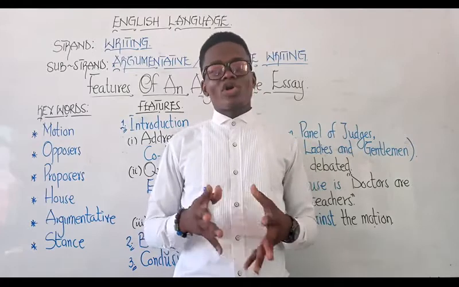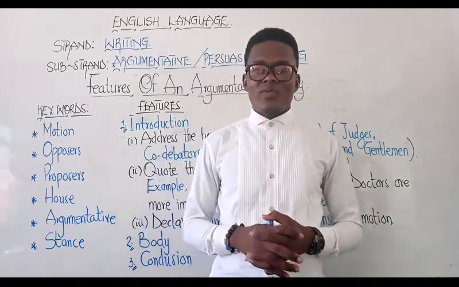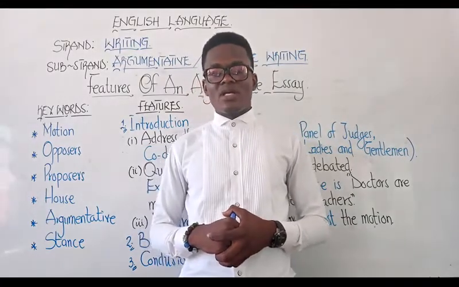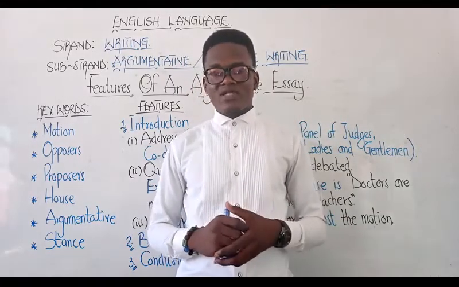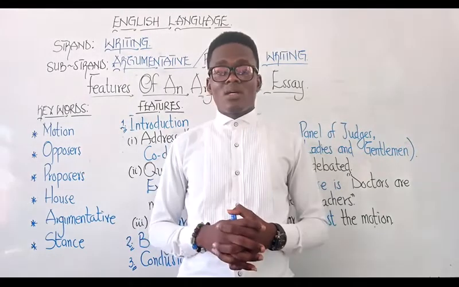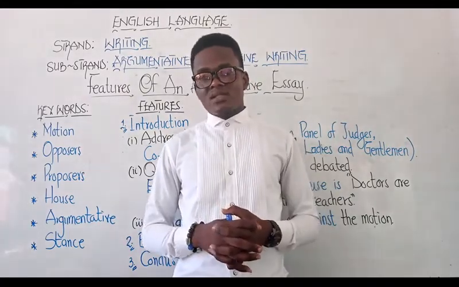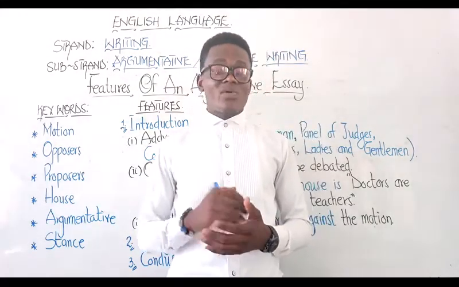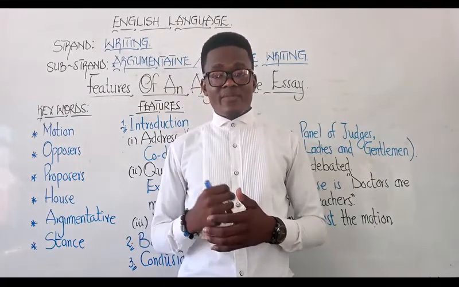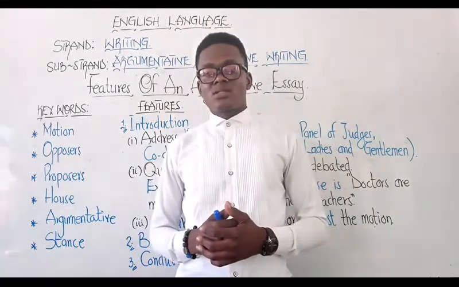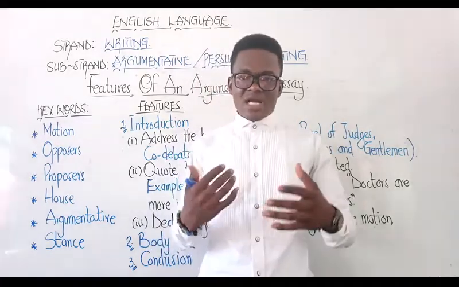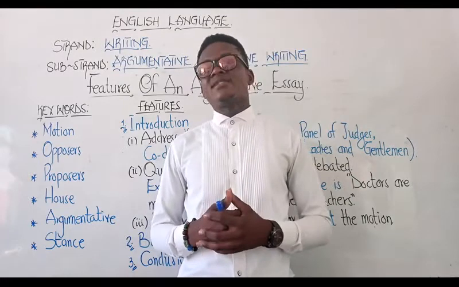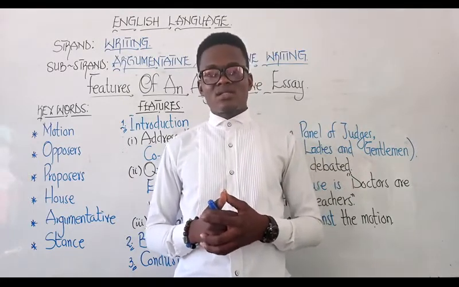You then conclude. So on this note, we've come to the end of today's lesson, and I believe strongly we've learned a couple of things. So let's quickly wrap up on what we have learned. We talked about what an argumentative essay is, as well as some of the key words that we've mentioned earlier, their meanings. We said an argumentative essay is a piece of writing that takes a stance on an issue.